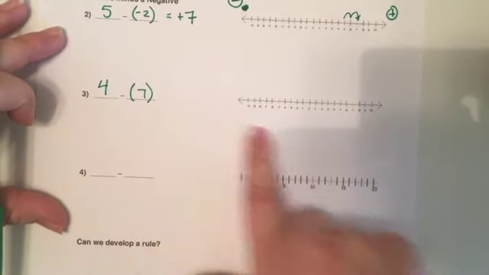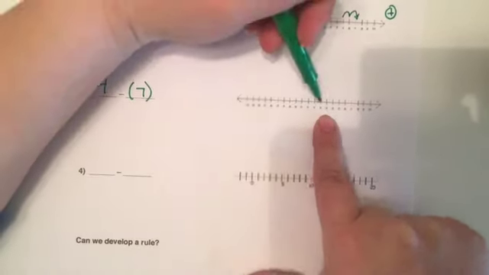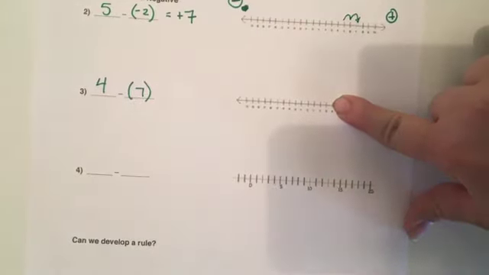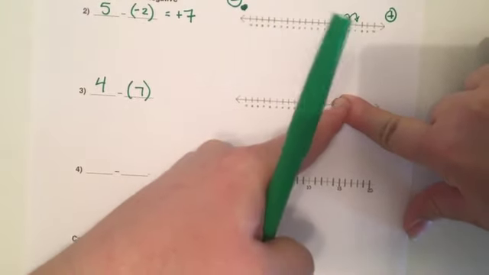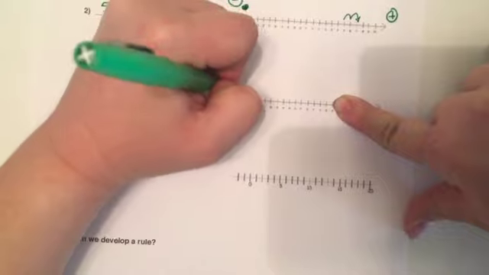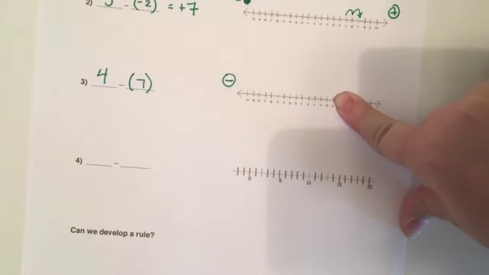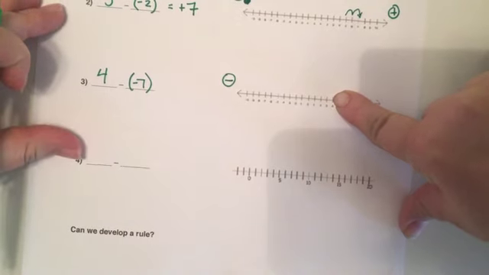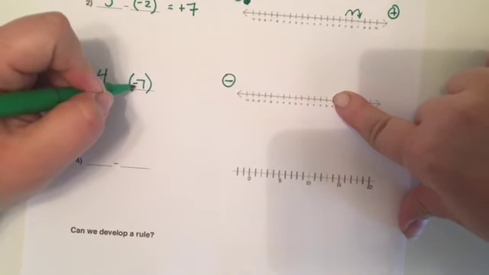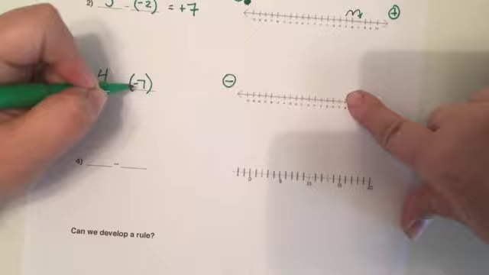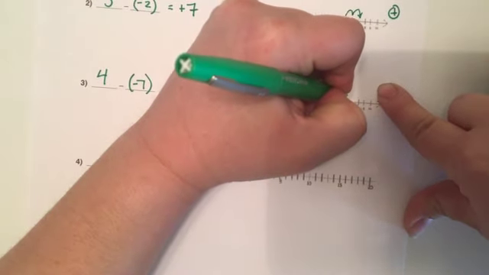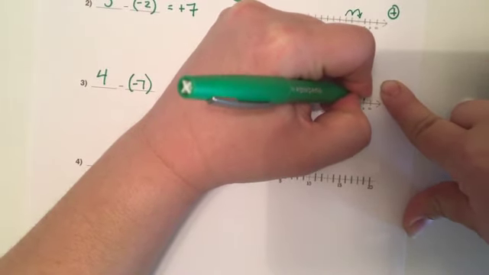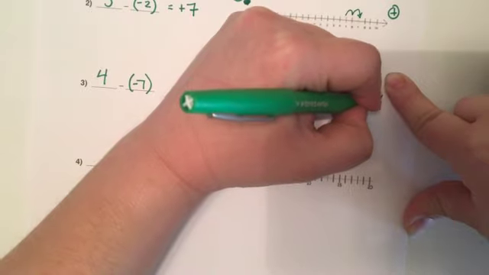All right, so if we're going to start at positive 4 on our number line, we can put our fingernail there and have our fingernail face towards the negative side of our number line because it's a subtraction problem. And then we're going to move backwards 7 spaces. So if I move 7 spaces backwards, ooh, I'm just out of space.